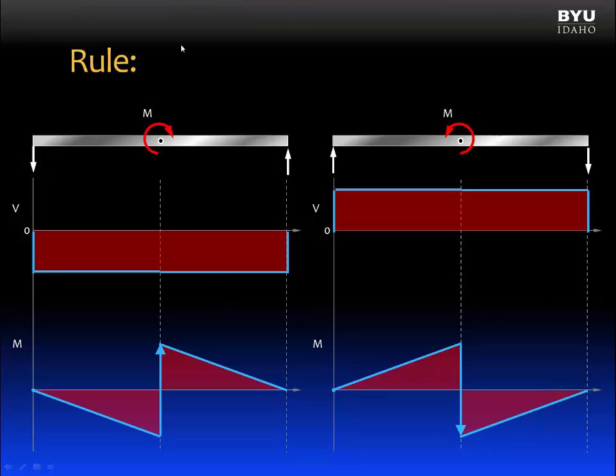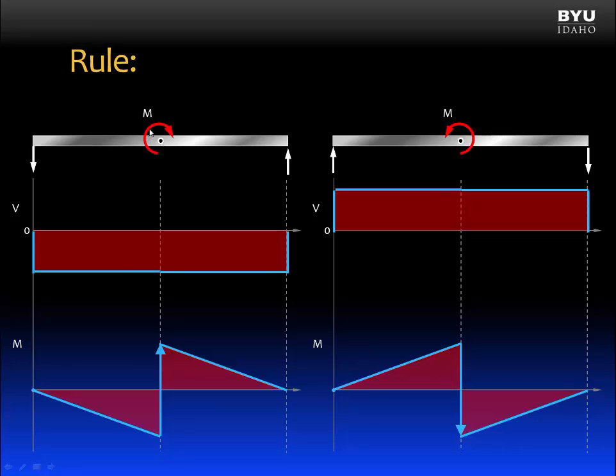There's an important rule that we need to discuss here, which is that when we have a moment applied in the clockwise direction, we get a positive jump in our moment diagram. When we have a moment applied in the counterclockwise direction, we get a negative jump in our moment diagram. This rule can be remembered by drawing a free body diagram of the beam with a point moment applied.